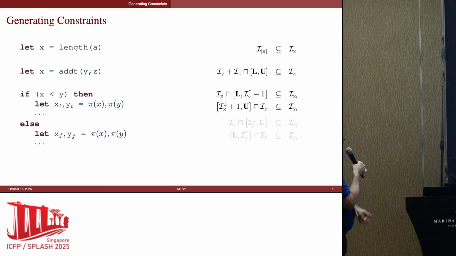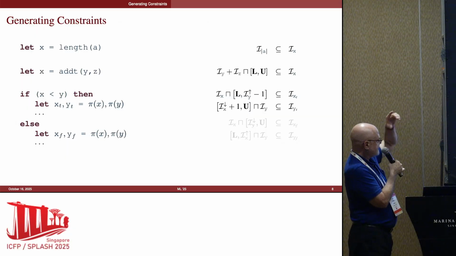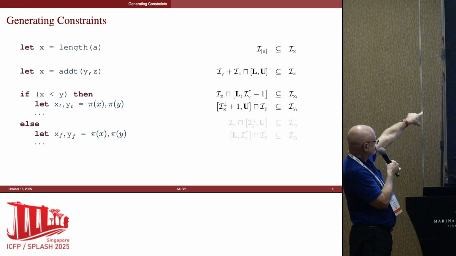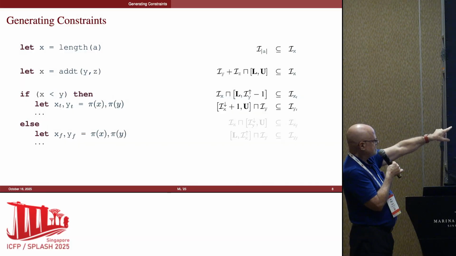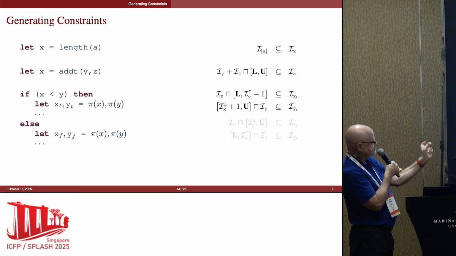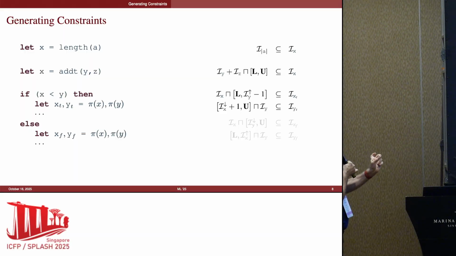And so in the true branch, we're going to be able to say, well, the interval of x above the if, intersected with the range from the least integer up to the upper bound of the interval of y minus 1, should be a subset of the interval for xt. And we get a similar kind of expression for the interval for yt.